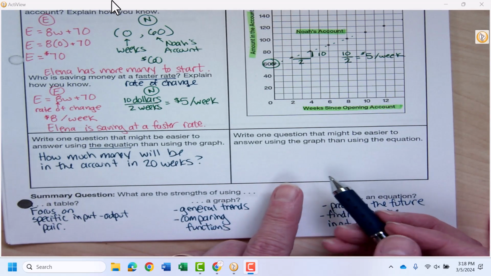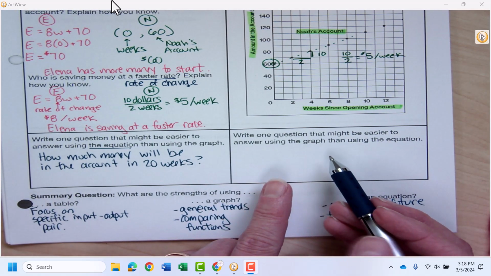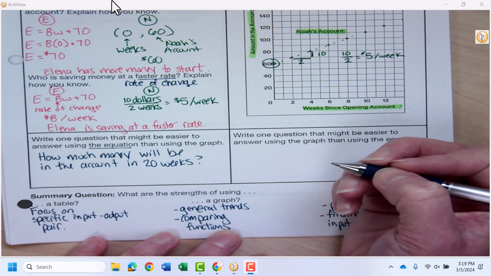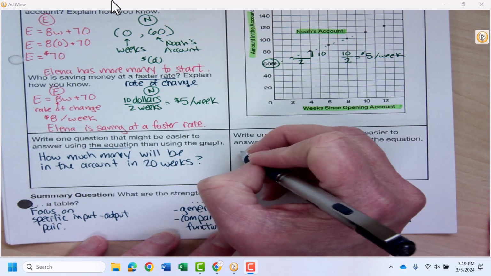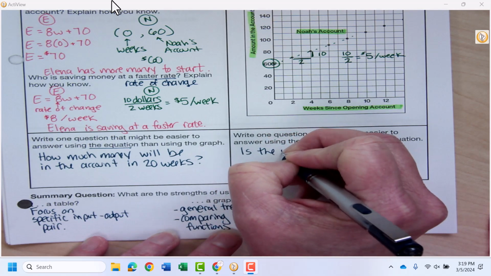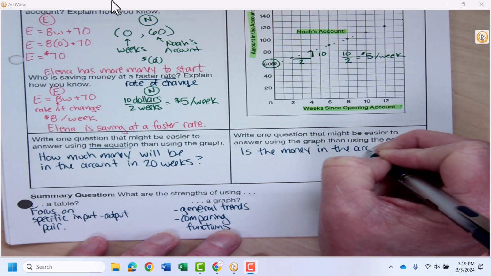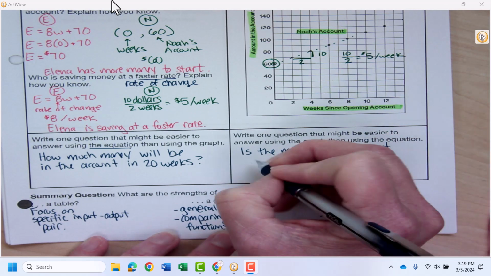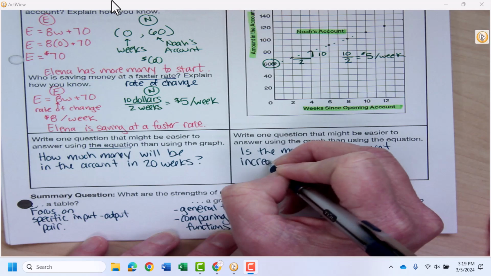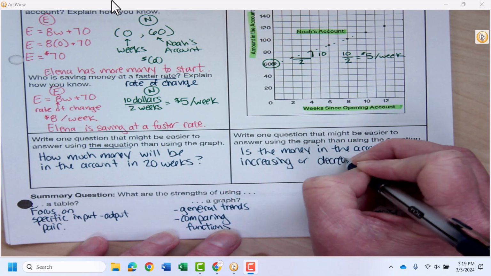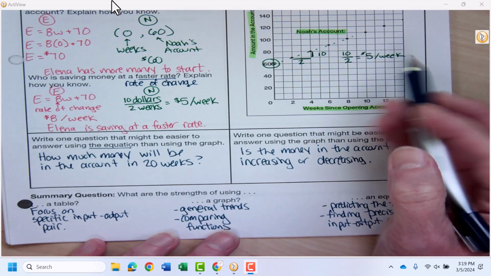A question that might be easier to answer with a graph, well, if we're looking for big trends, I might want to ask, is the money in the account increasing or decreasing? Graphs are just so visual.